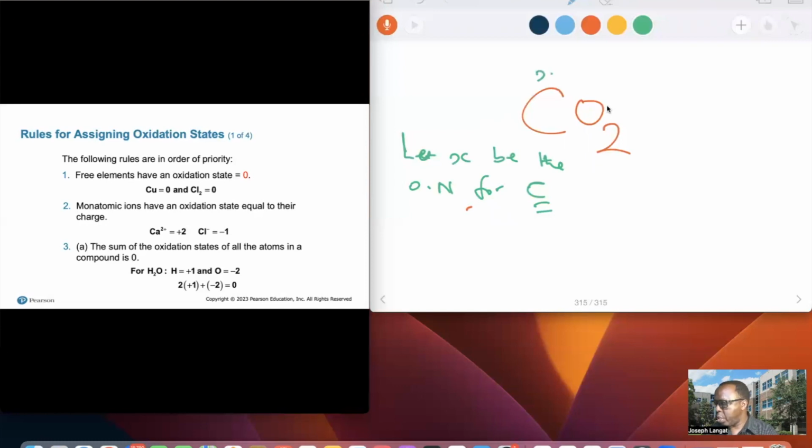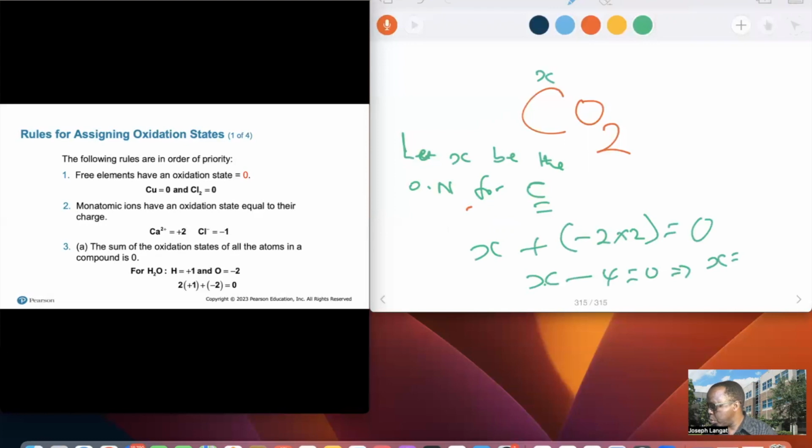So you say X plus negative 2 times 2 equals 0. I have to equate to 0 for a compound. So this is X minus 4 equals 0, which implies X equals 4. So you have to do the math for compounds and equate to 0.